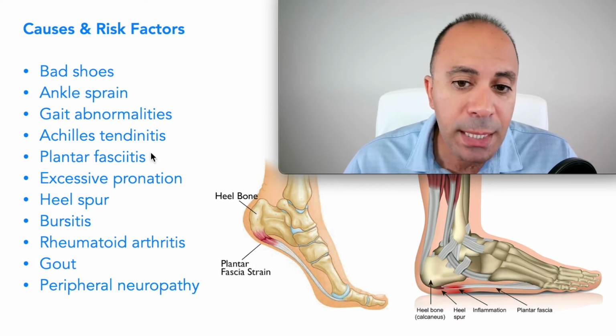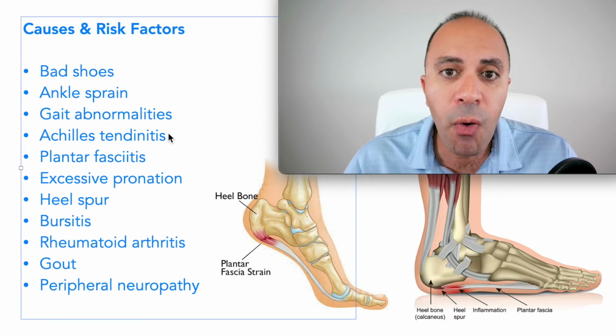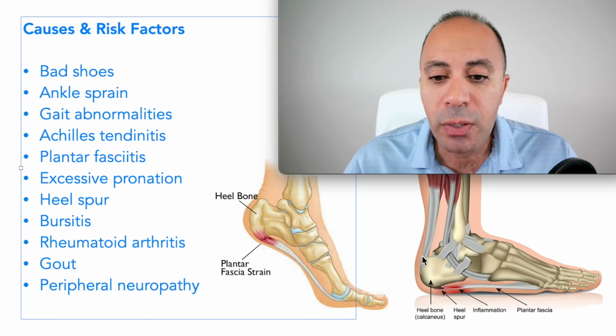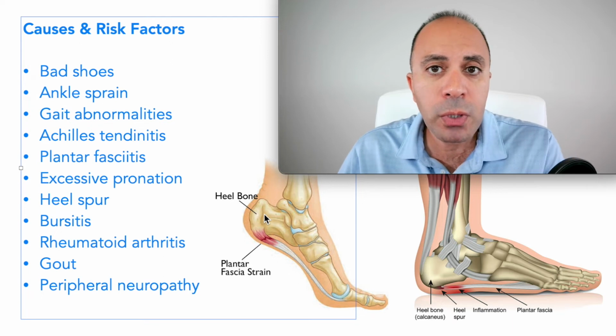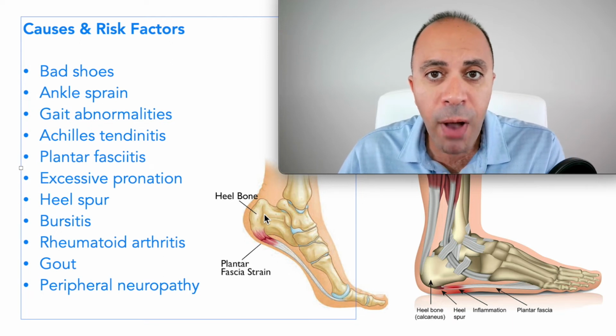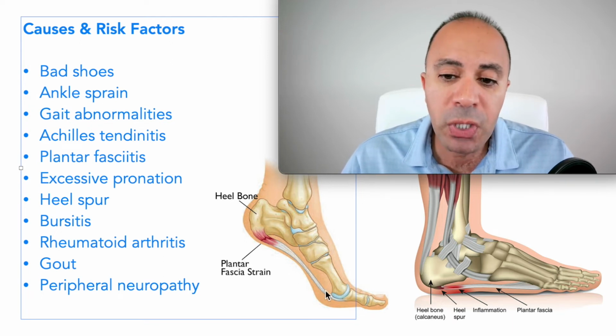Achilles tendonitis is inflammation of the Achilles tendon. If you have a bone spur, that's scarring in the bone that has caused the bone to calcify. And plantar fasciitis is the same thing.